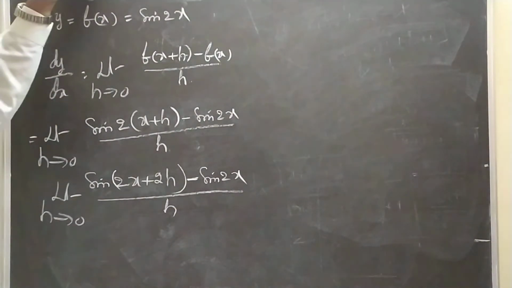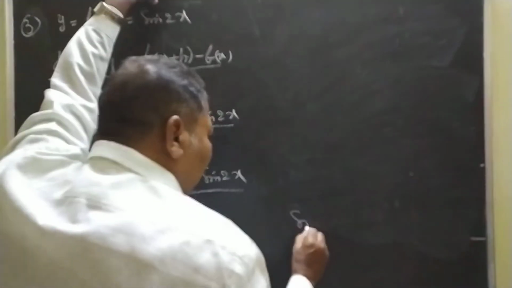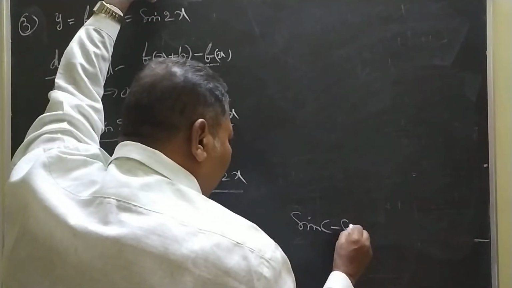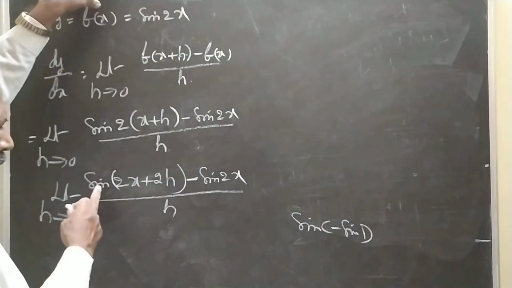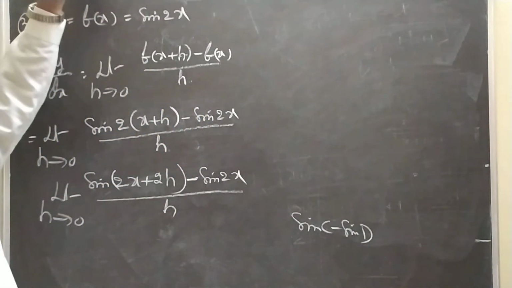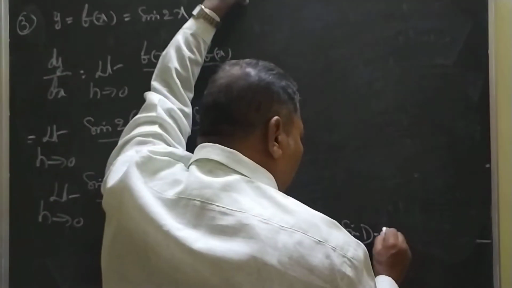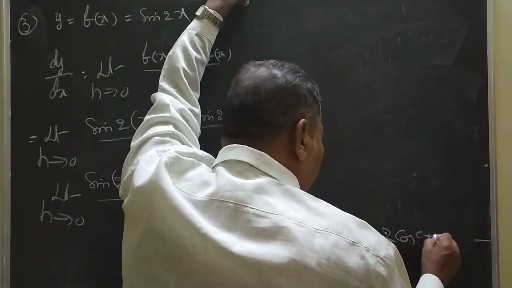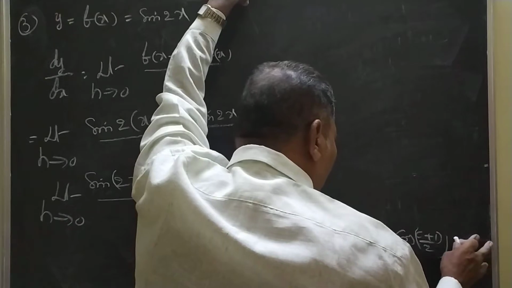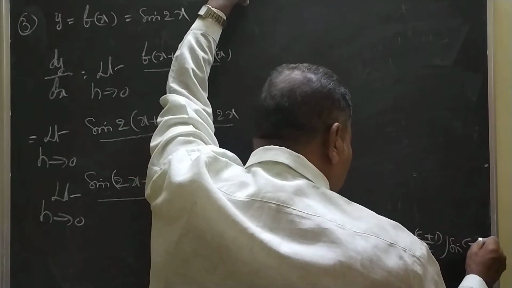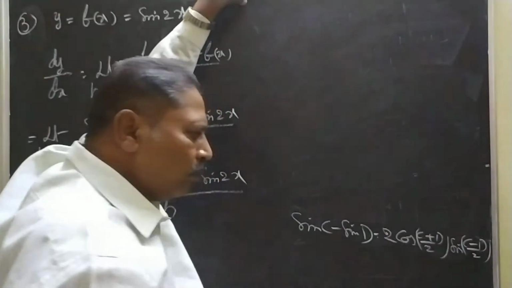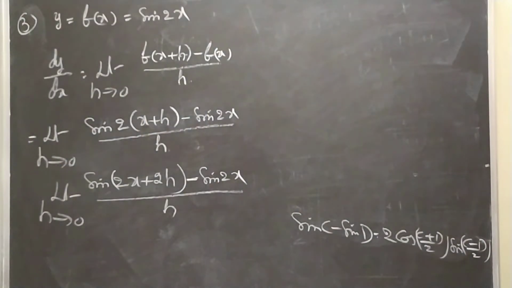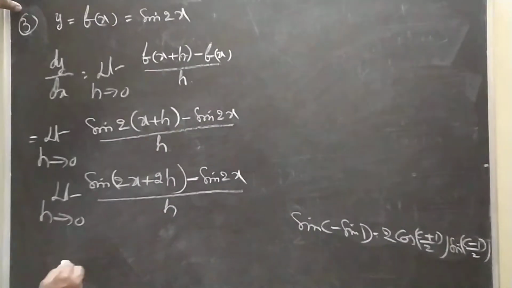This is in the form of sin c minus sin d. What is the formula? 2 cos of c plus d by 2, sin of c minus d by 2. So apply this formula.